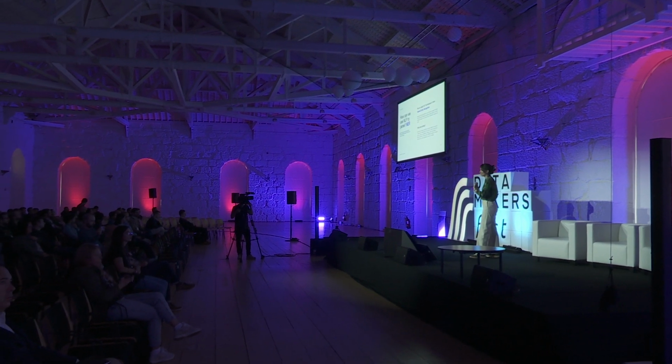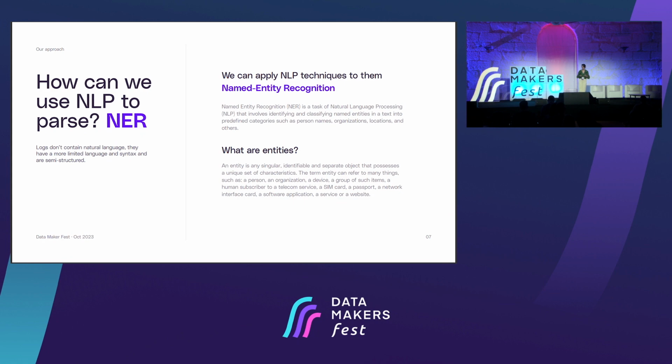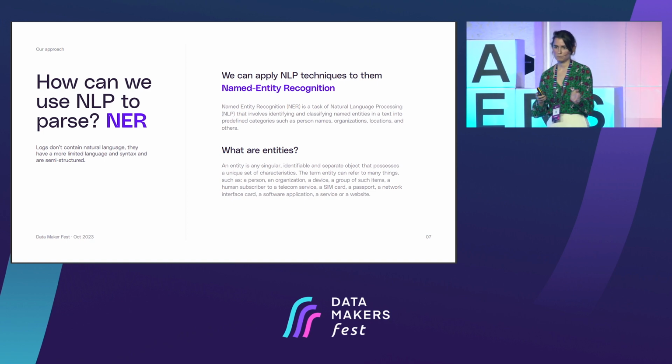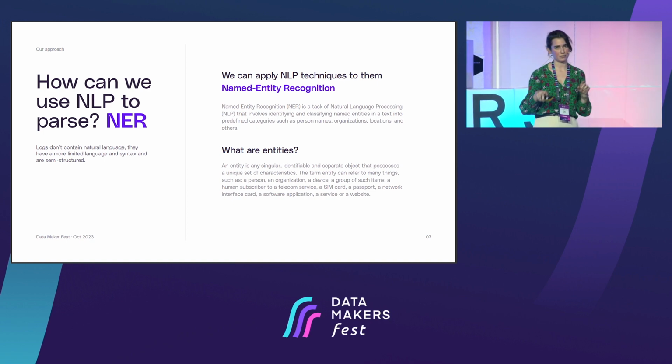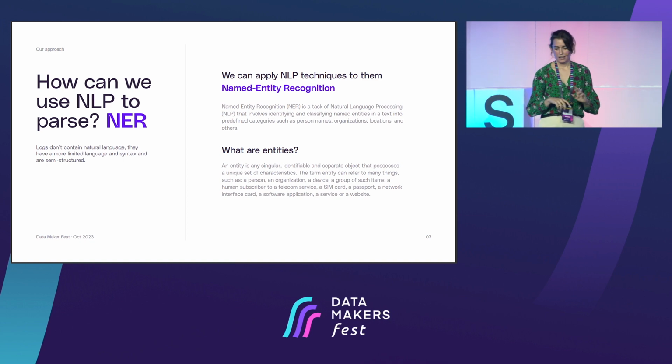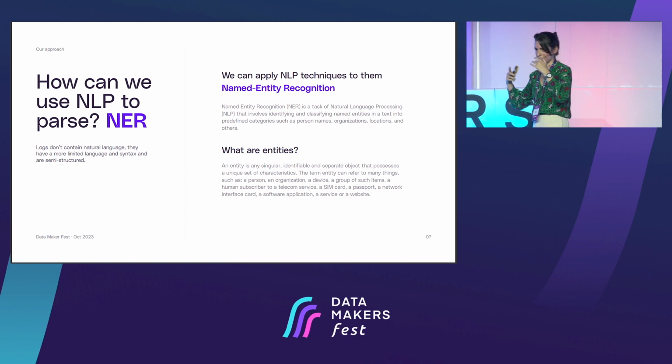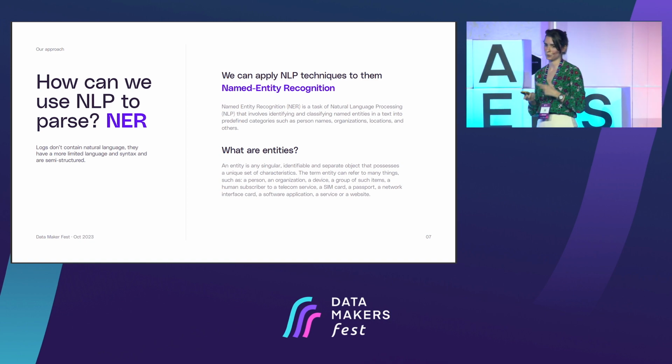Okay, brief reminder for those who are not familiar: named entity recognition is just another NLP task. It consists of identifying and classifying named entities, pieces in the text, into predefined categories that contain some properties.